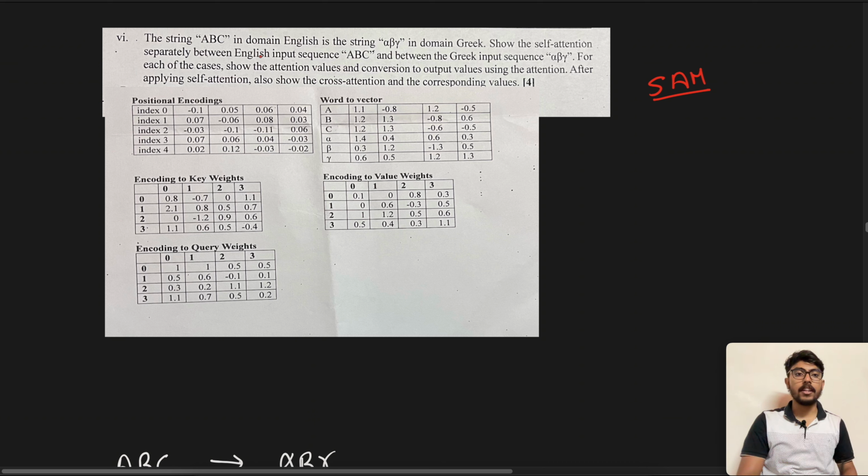Show the self-attention separately between English input sequence ABC and between the Greek input sequence alpha, beta, gamma for each of the cases. Show the attention values and conversion to output values using the attention. After applying self-attention, also show the cross attention and corresponding values. So there are some technical terms, we will go through them one by one.